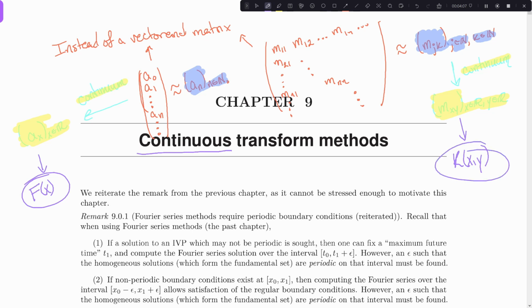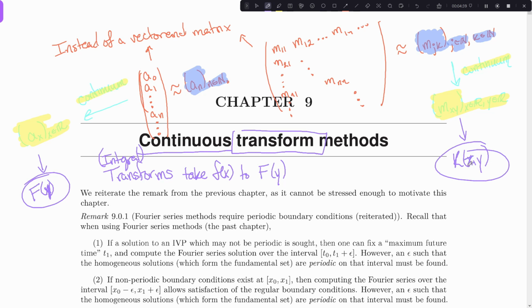So now we want to think about transform methods, and in particular, these are integral transforms. Integral transforms take some function of a variable to another function, and maybe I'll call this f of y, a function of a new variable.